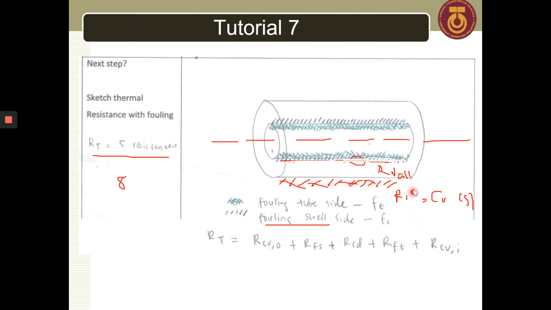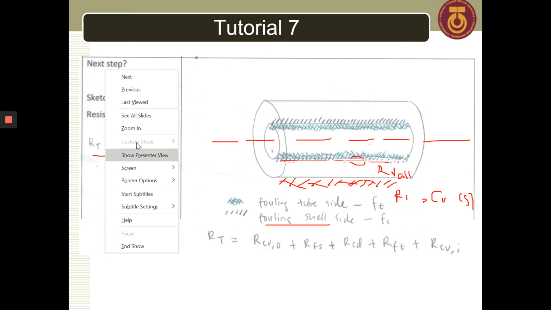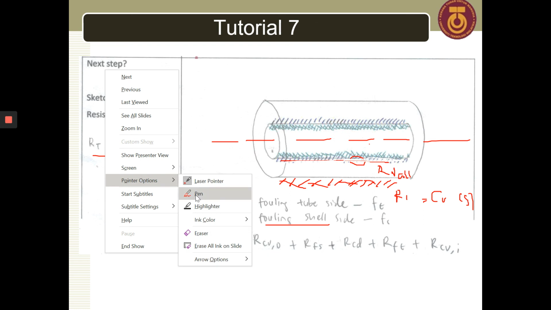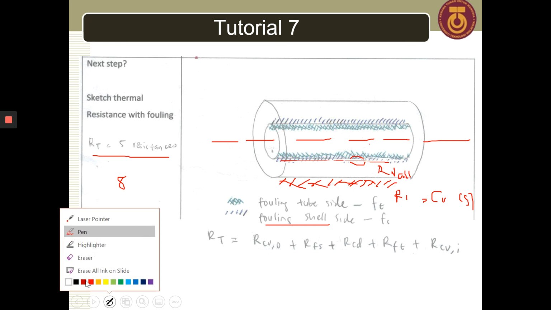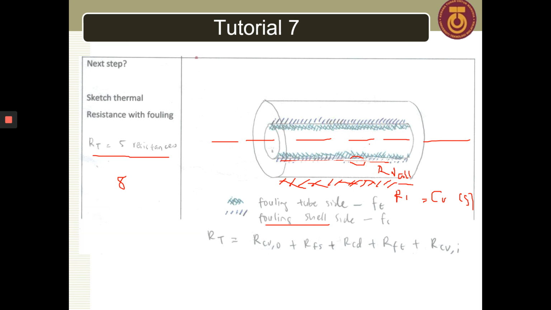Therefore, we have R1 as the convection at the shell side, and here is fouling at the shell side, so we have RFS. Then we have the wall here, so we have the third resistance, due to conduction.